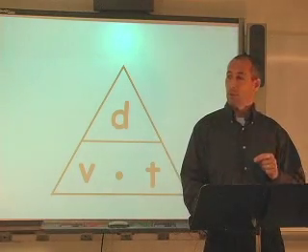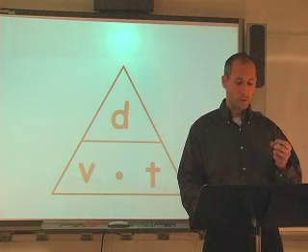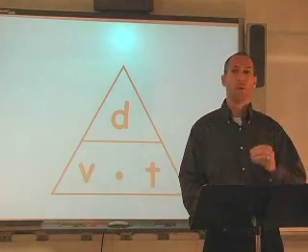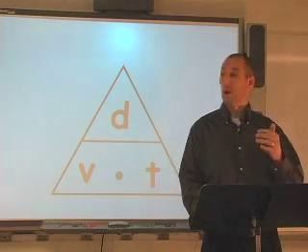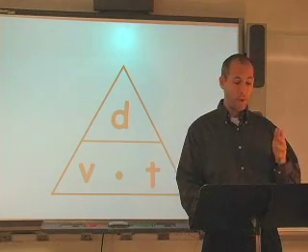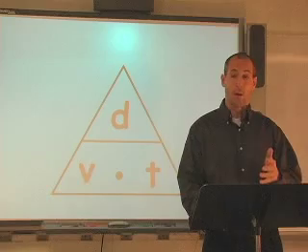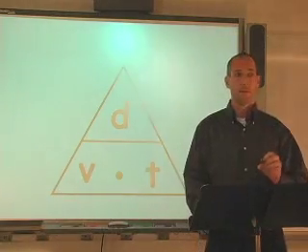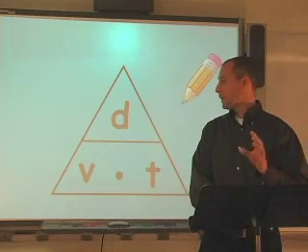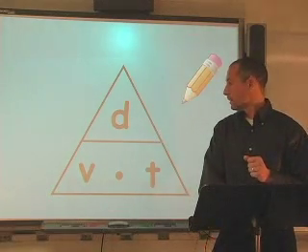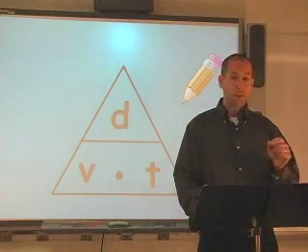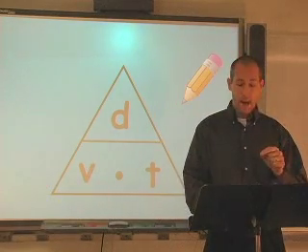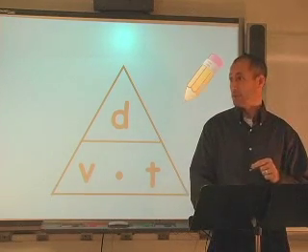In this equation, we have three variables: distance, speed, and time. As long as you know two of the three variables, you can solve for the third. So if we know distance and time, we can solve for speed. So draw this triangle. You'll see V, D, and T. If I know speed and if I know time, I can solve for distance.